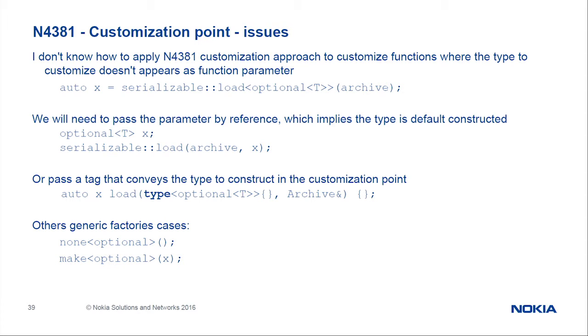It could be not a big constraint, but it is there. An alternative is to use some kind of tags that will help to use overloading, but we see that the customization point is just a little bit ugly, I would say.